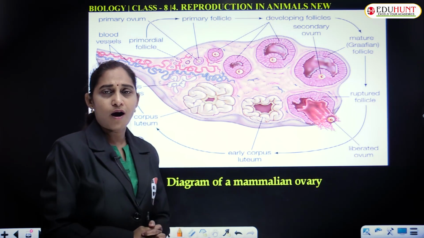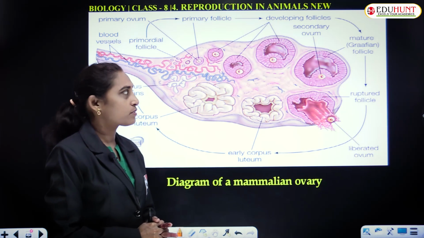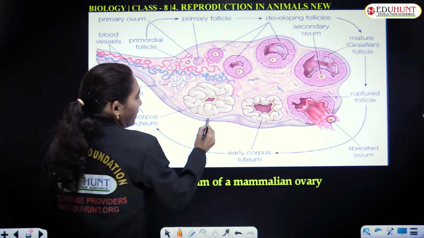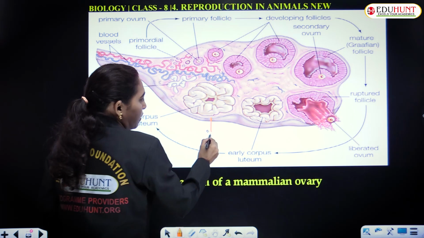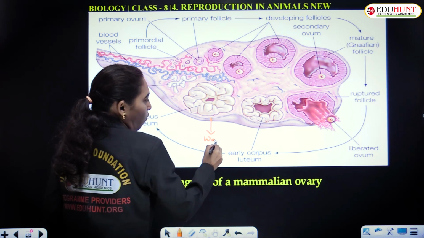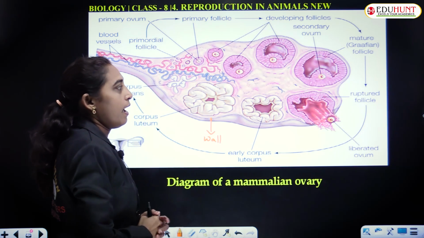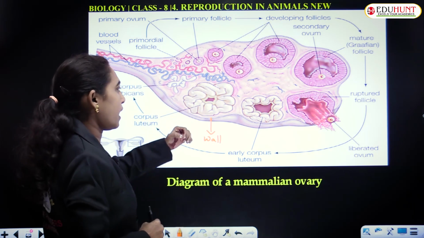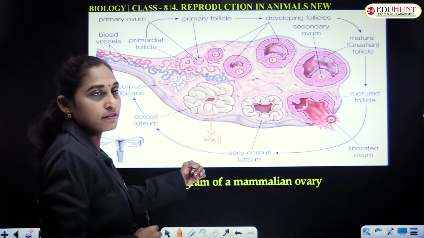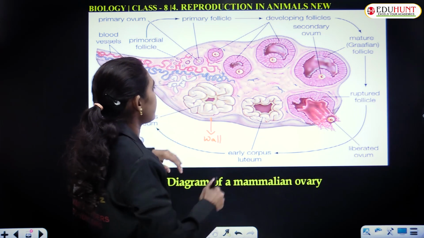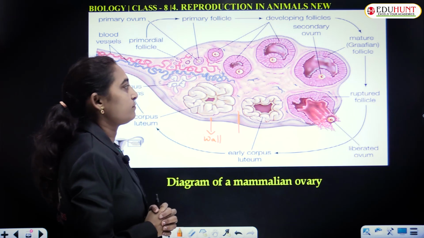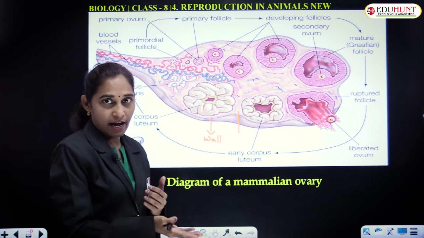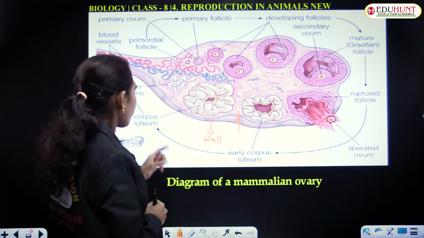This is how an ovary appears. This is the wall of the ovary, and this wall is differentiated into outer and inner layers. This is the stroma, which is differentiated into peripheral cortex and inner medulla.